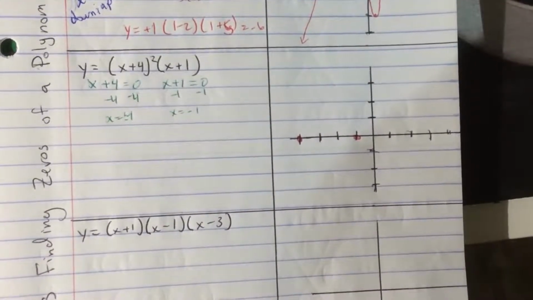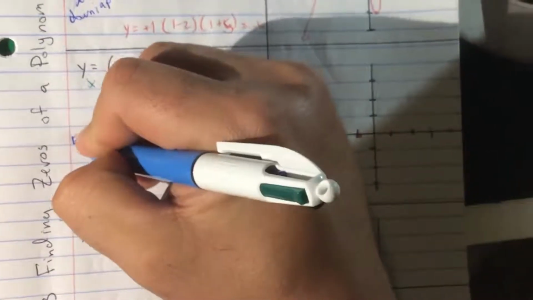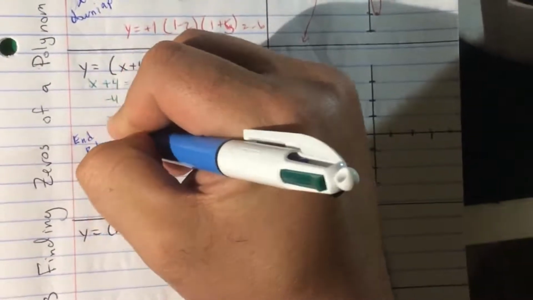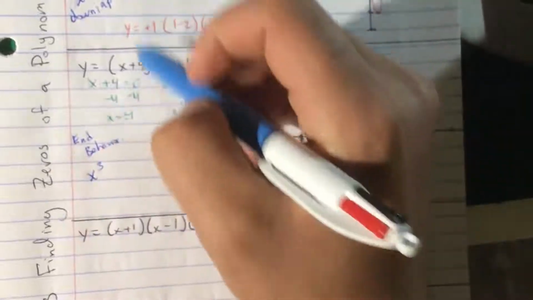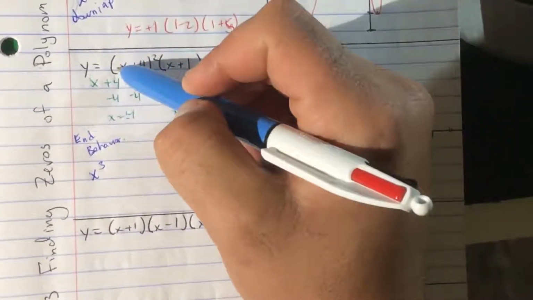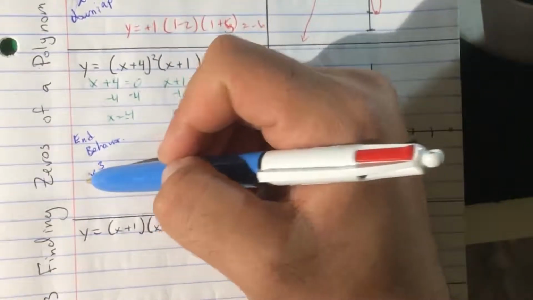When we do our end behavior, this is squared, so it's x squared times x, which would be x cubed again. Remember, we don't have any numbers in front right now, so we don't have to worry about it being positive or negative. So this is always going to be positive right now.